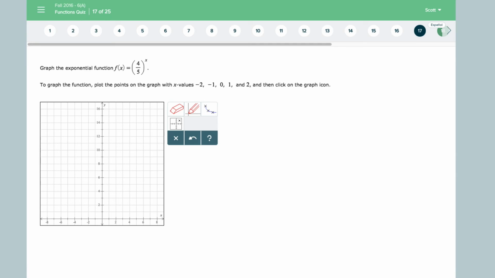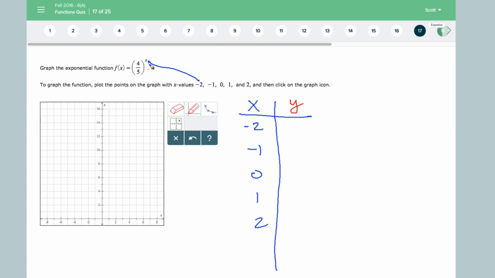Let's do that again. Okay, again, we have our t-chart with our x and our y. So when we plug in our x's, we have -2, -1, 0, 1, and 2. So -2 goes there.